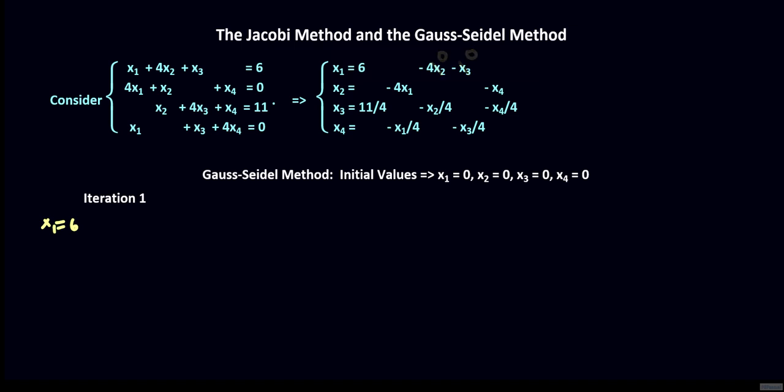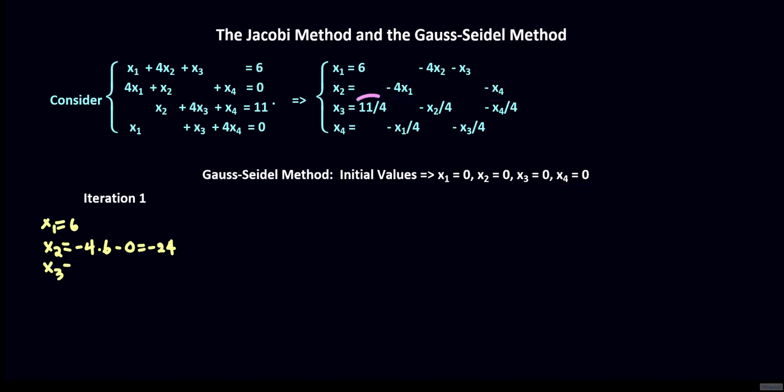And here is where the two methods diverge from each other. The new value of x2 is minus 4 times x1, but this time we use the most recent value that we had obtained for x1, and this is 6. So we have minus 4 times 6, minus x4, which is 0. So x2 is now minus 24.